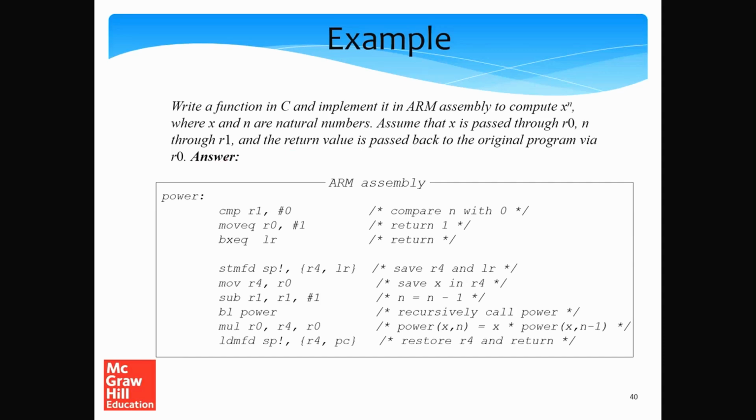I'll not show the C code, but the C code is easy to write. If we have a function of the form power(int x, int n), we first want to check if n is equal to 0, and we would return 1, because any number to the power 0 is 1.